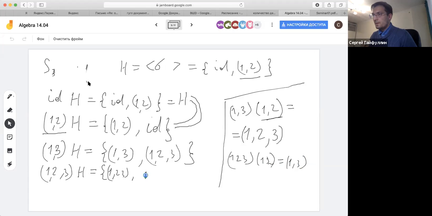So I have the same left coset. And this is not an accident, this is the rule, because you have a theorem in your lectures that if two left cosets intersect, then they coincide.